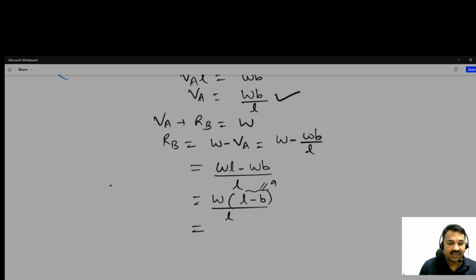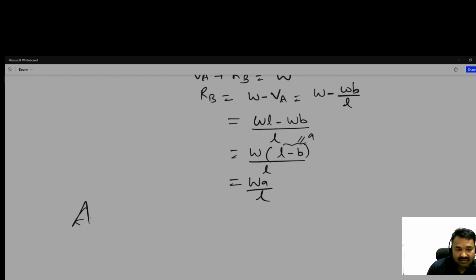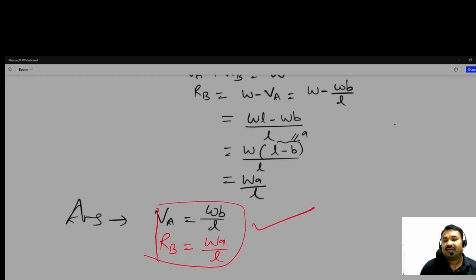So RB is Wa divided by L. So what are our findings? Here is the answer. VA is equal to Wb divided by L, and RB is equal to Wa divided by L. So this is our answer. Okay, thank you.